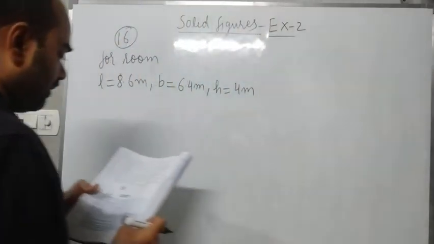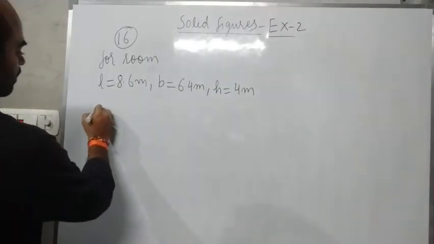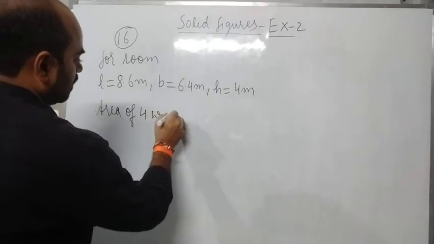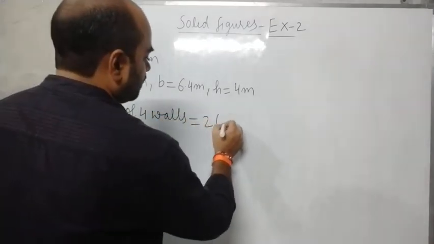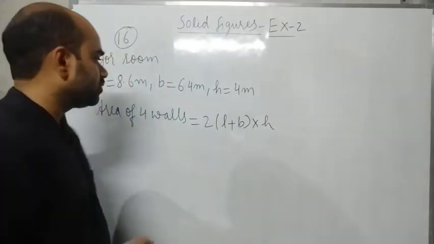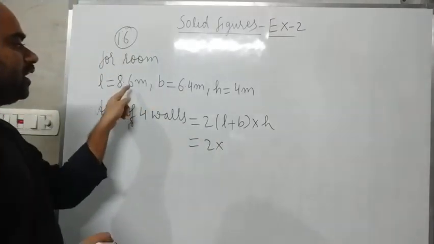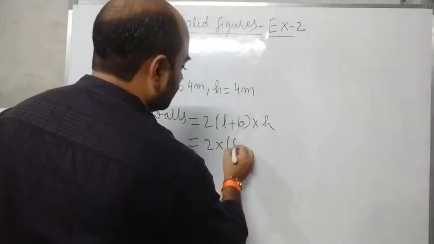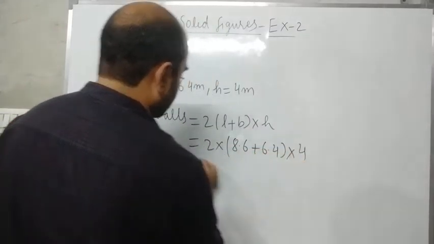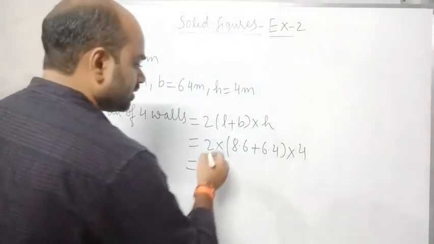Okay. So first, what is the area of the 4 walls? The formula is twice of (L plus B) into H. So 2 into (8.6 plus 6.4) into 4. 8.6 plus 6.4 is 15.